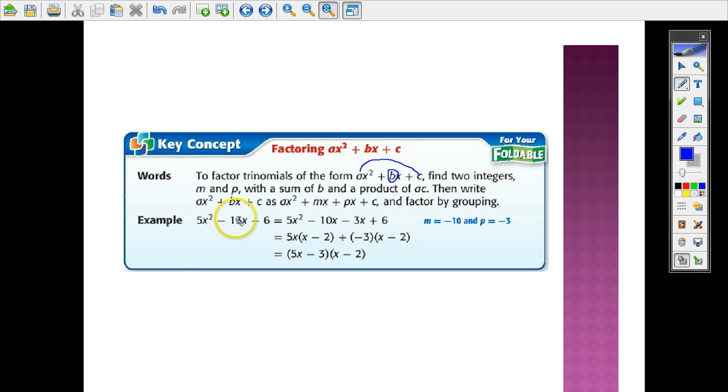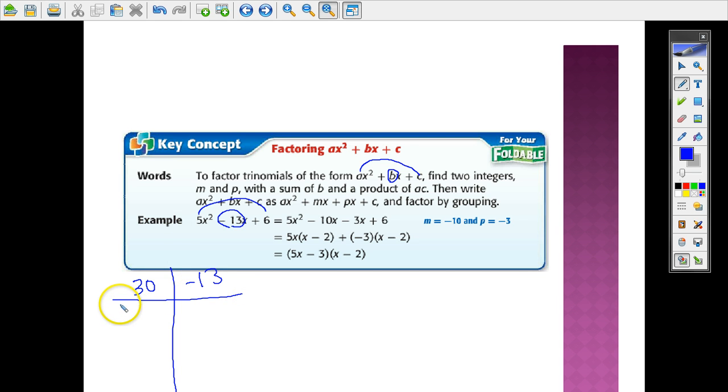So you want a number that, when added, equals negative 13, and when multiplied, equals 30. Okay. So a lot of times you can just make a chart. Okay, product of 30 and sum of negative 13.